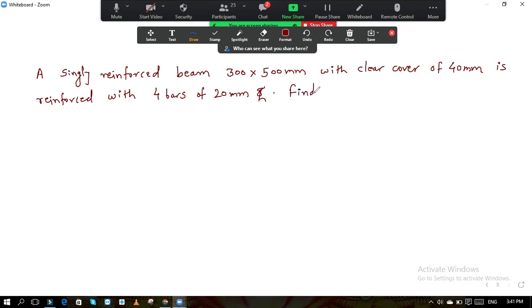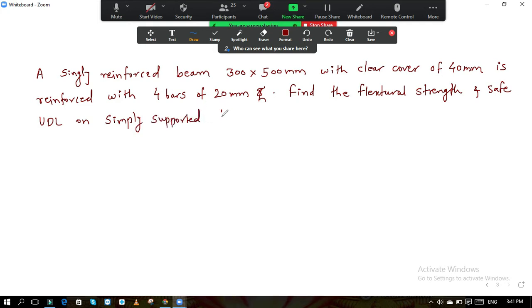Find the flexural strength and safe UDL, uniformly distributed load, on simply supported beam of span 5 meter.